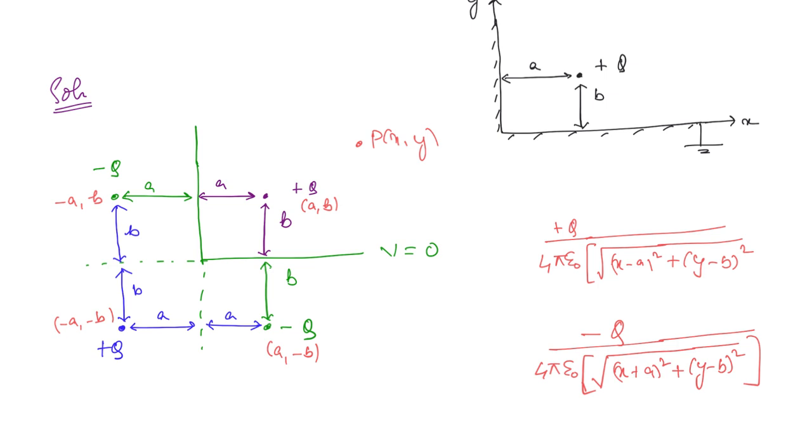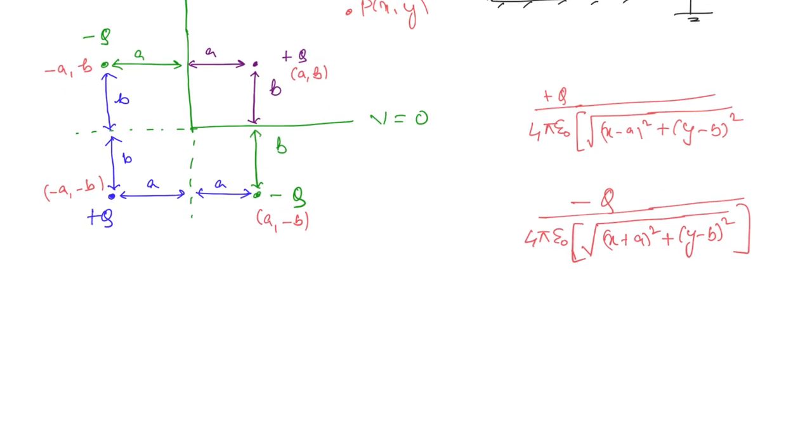So this is due to this charge, minus q. Next you can find the potential due to this plus q. So this will be plus q divided by 4 pi epsilon naught root over (x plus a) whole square plus (y plus b) whole square.